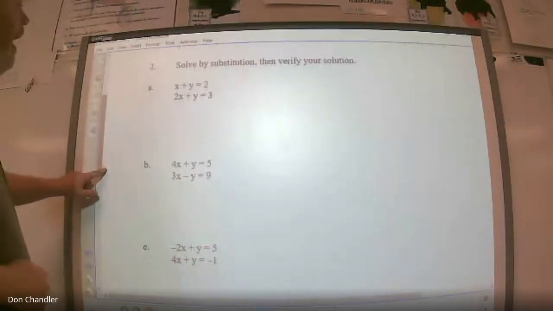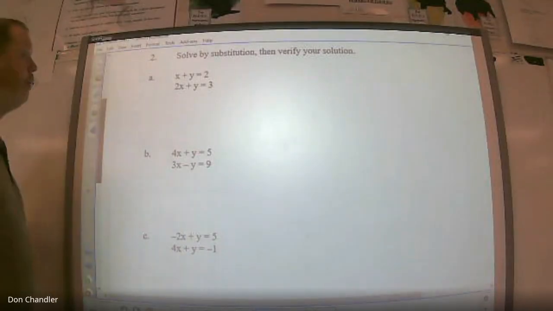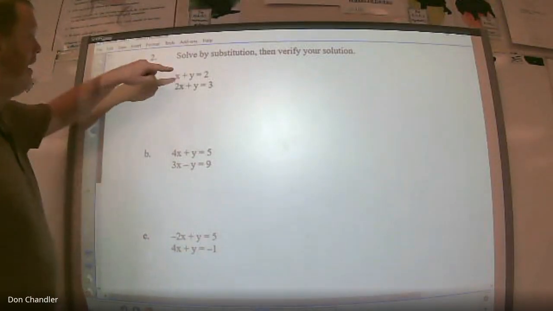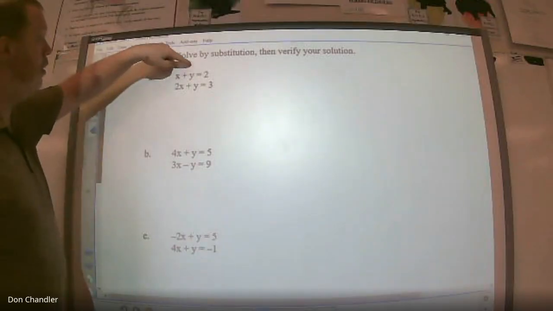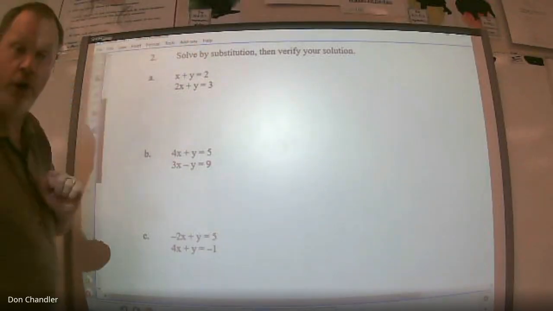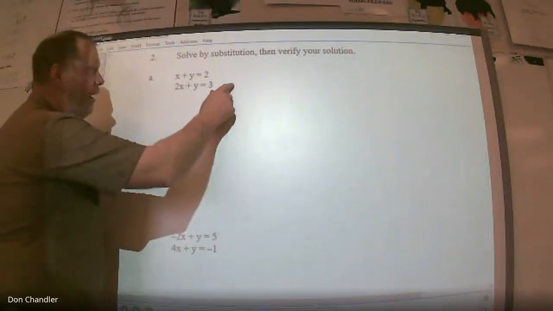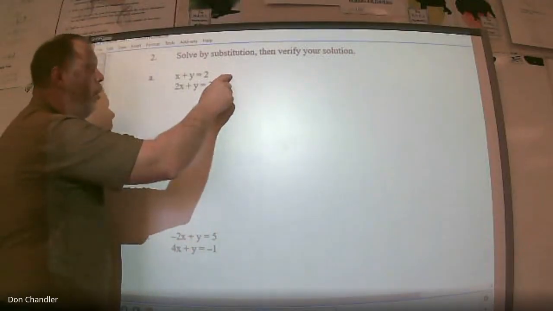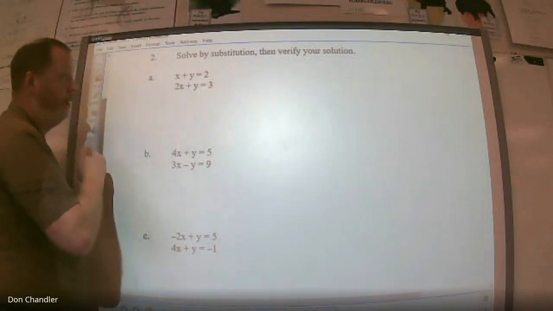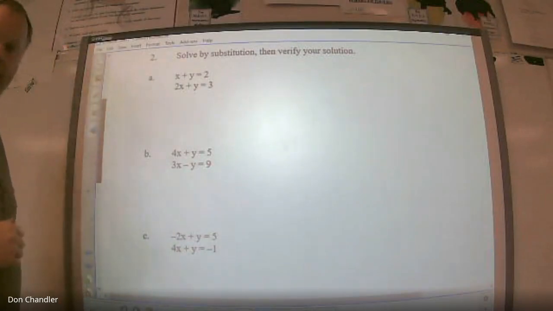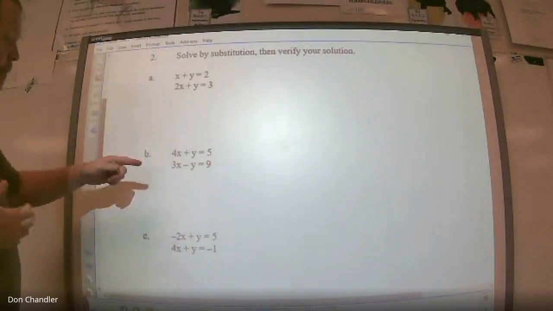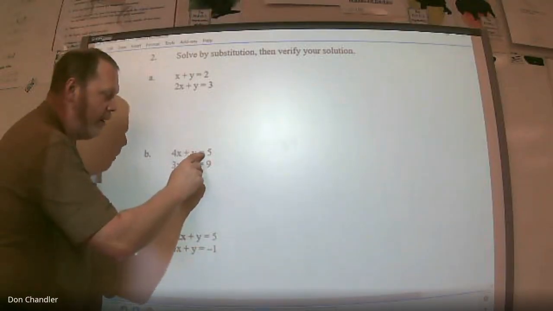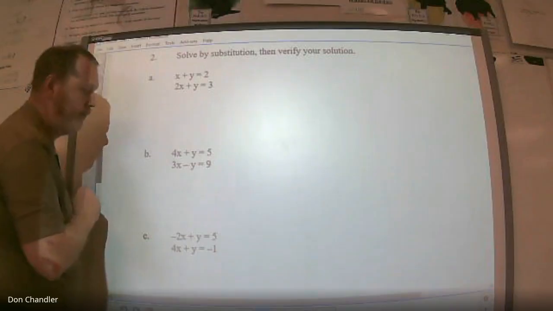Now, I'm going to help you out. Number 2 says solve by substitution. This is a gift. You want to move that x over and get y equals? Good on you. You want to move the 2x over and get y equals? Fine with me. Heck, you could move the y over and get x equals. You got 3 choices in A. In B, my personal thought, I'd move the 4x over and get y equals 5 minus 4x.